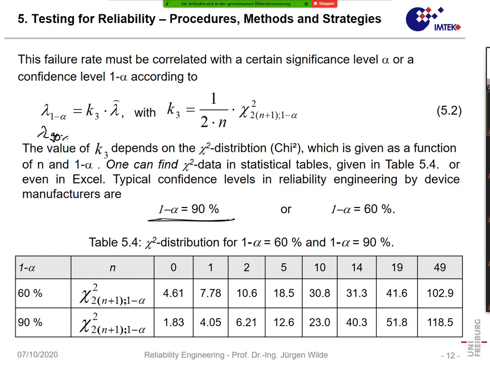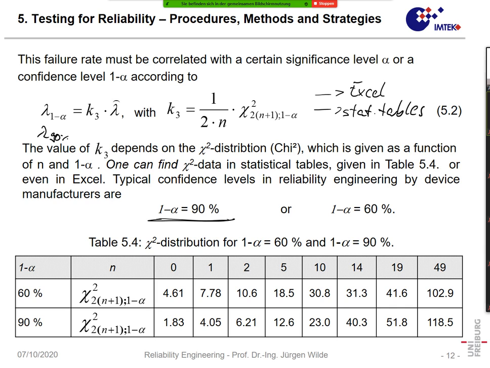Okay, but now let's ask what is the chi-square distribution. You find it in some tables, you find it in Excel. And I have just computed some data. For instance, you want to have a confidence level of 90%, and you have 0 failures.